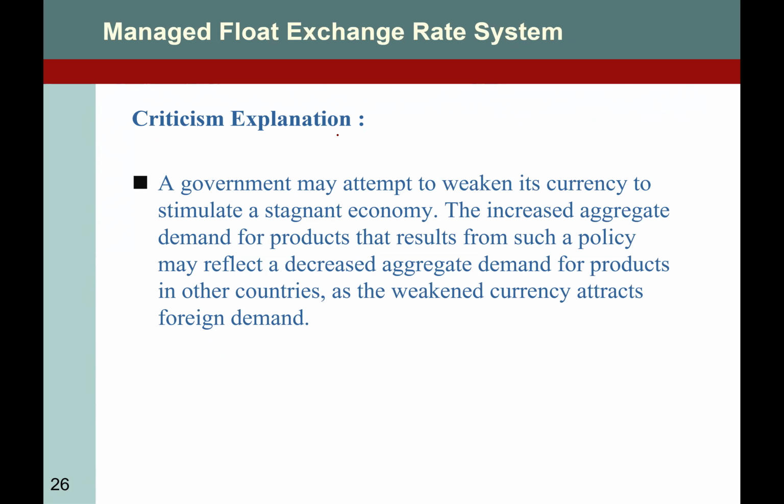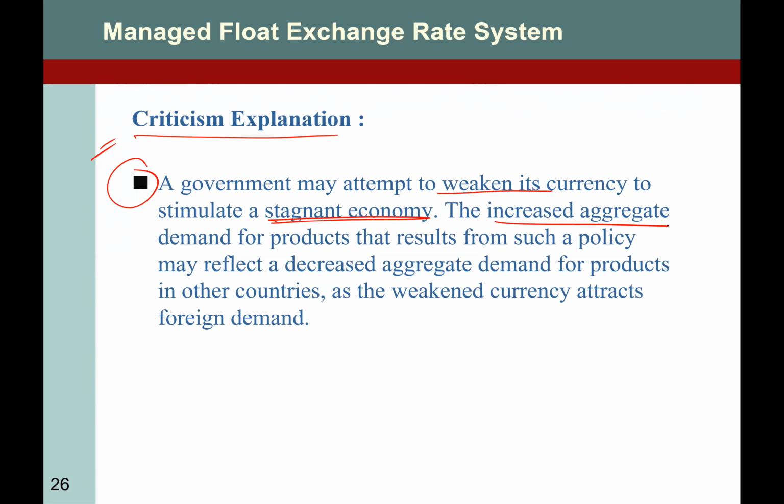So criticism explained. We also talked about this in chapter 4, but let's talk about it here in detail: a government may attempt to weaken its currency to stimulate a stagnant economy, right? So that they produce more and they export more.